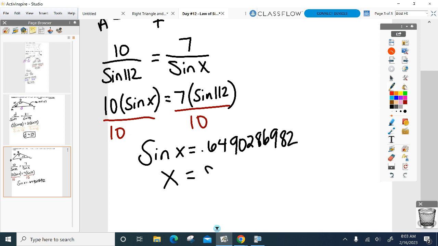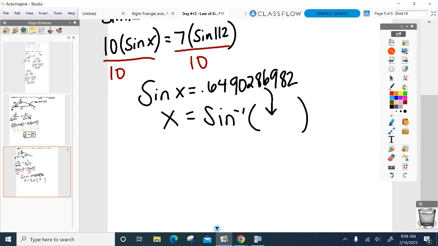I'm going to do inverse sine of this decimal here. So you have one more step. You got to do the inverse of it. That's any time I ask you to find an angle. I don't care what type of problem it is. If you're finding an angle, it's going to be the inverse.